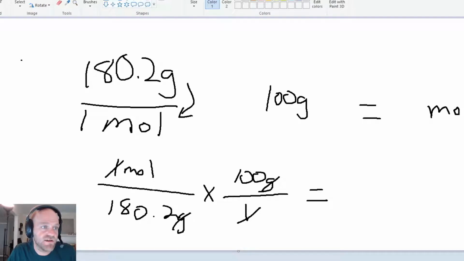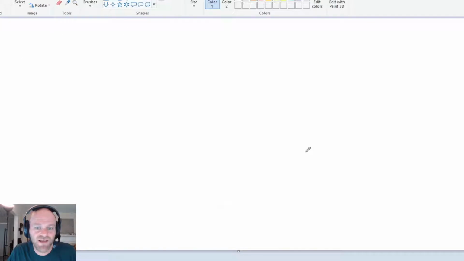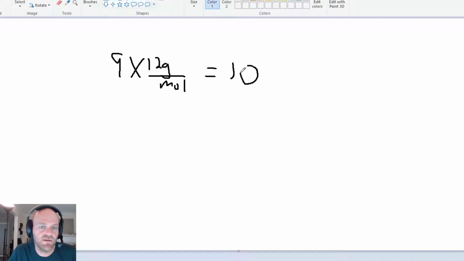So let me clear this off. Molar mass, there were 9 carbons, so 9 times carbon, which is 12 grams per mole, right? And that'd be 108. 8 times hydrogen, which was 1 gram per mole.